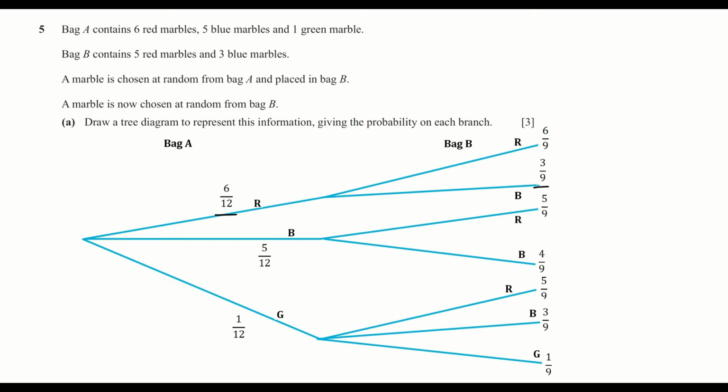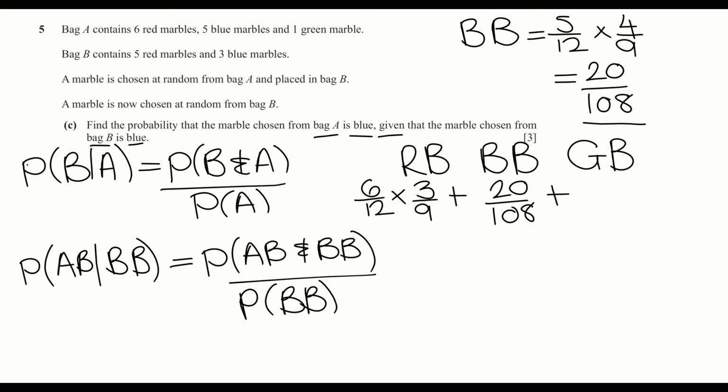Let's look at our diagram. Probability of a green marble first, 1/12, and a blue marble second, 3/9. Now I can say 1/12 multiplied by 3/9.